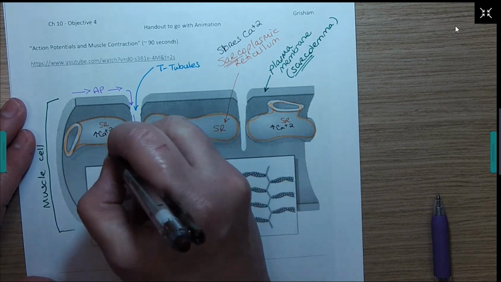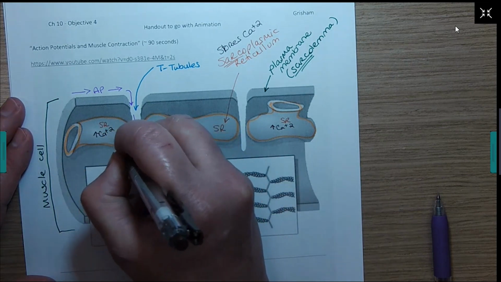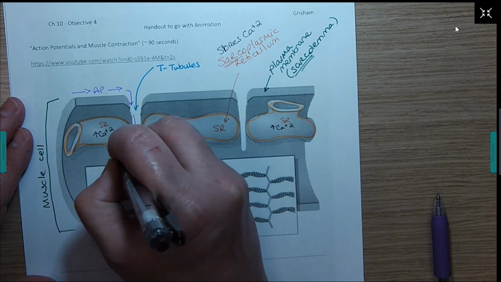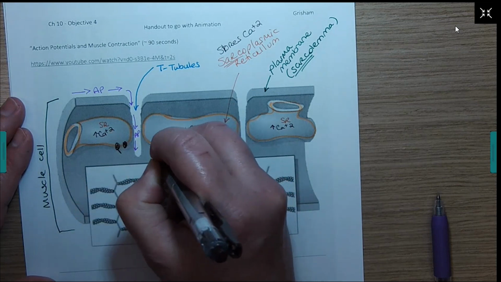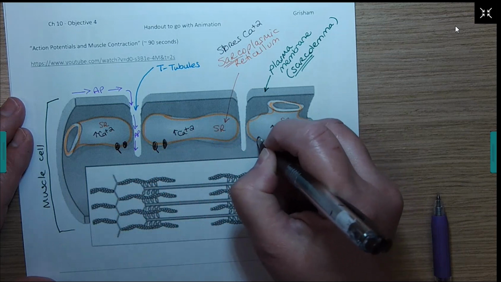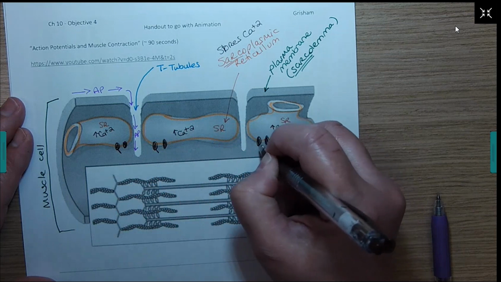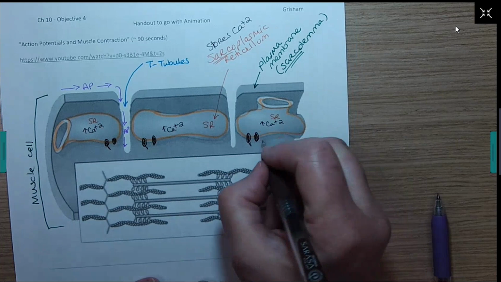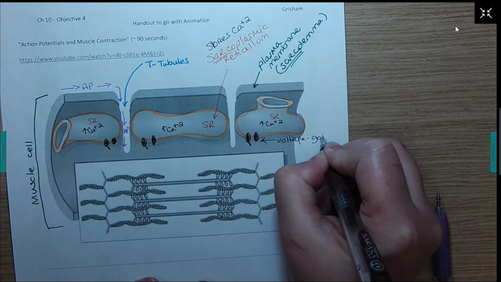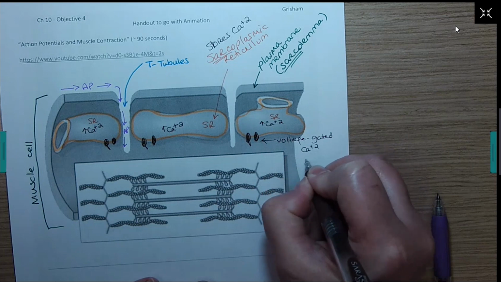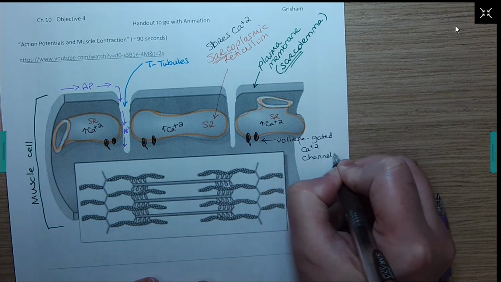Now, also in that sarcoplasmic reticulum, you have these protein channels, and we're going to call those voltage-gated calcium ion channels.